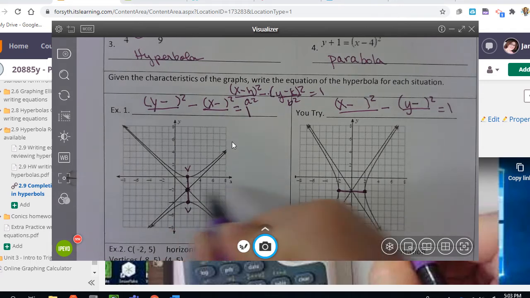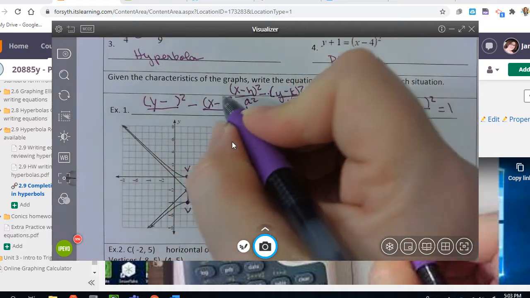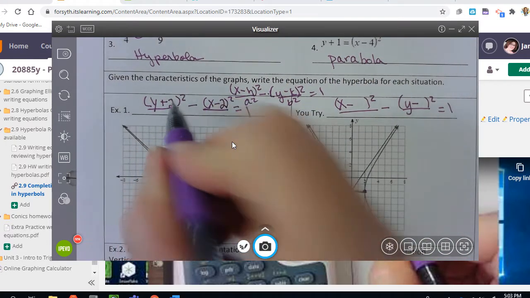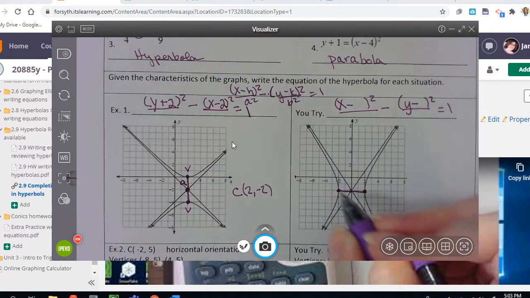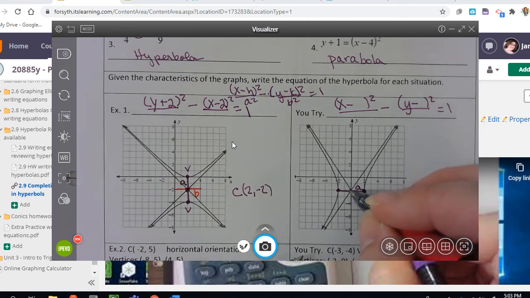Then I go down here and I find the center. The center is at 2, negative 2. I fill in 2, and when I fill in a negative here, it turns it into positive. Then my vertex side gives me the A. This is my vertex side, so that's the A. My non-vertex side is called the conjugate axis, and that gives me the B value.